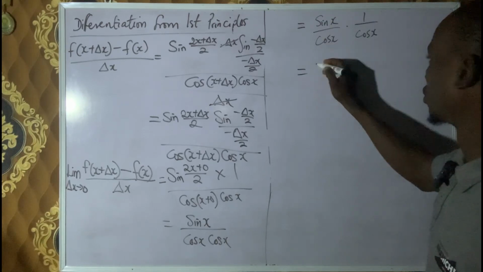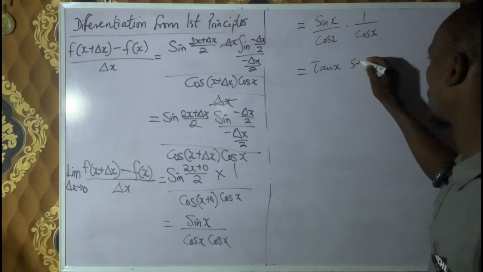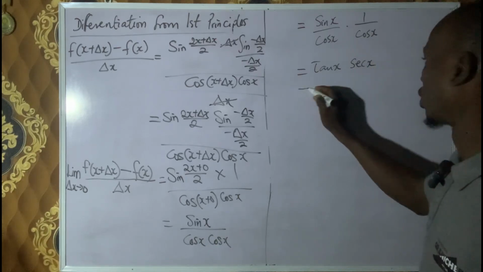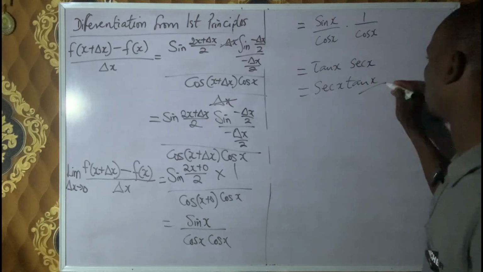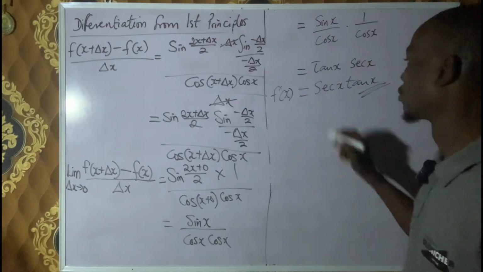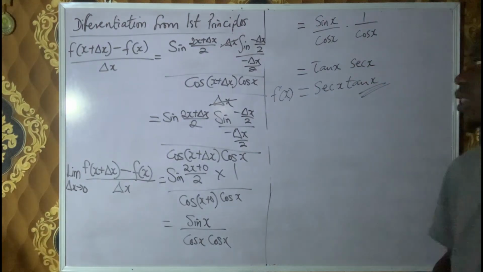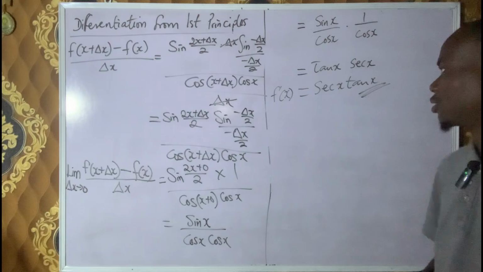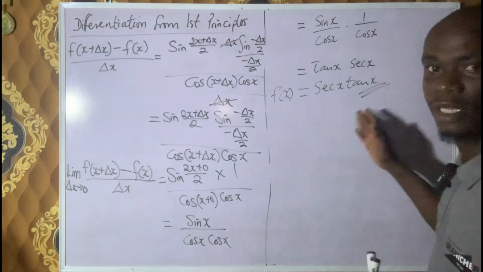Sine over cos is tan. 1 over cos is sec. So it's usually written as sec x tan x. This is my f prime of x. Okay? So this is it for sec x. Whenever we are given sec x to differentiate, the answer is sec x tan x.